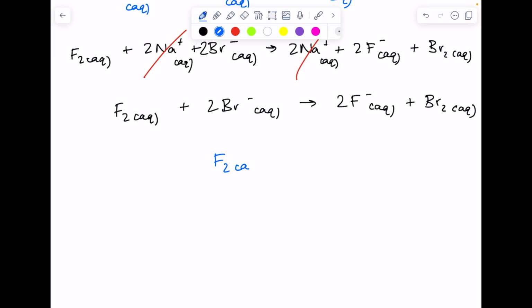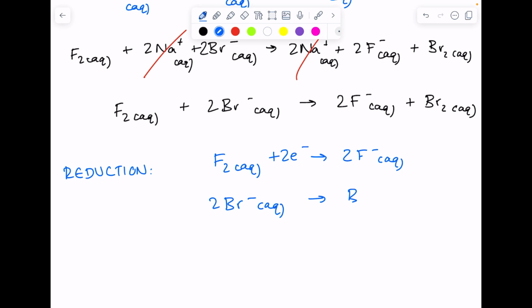So for F2 to become 2F minus, it must have gained 2 electrons. So it must have been reduced. For 2Br minus to become Br2, it must have lost 2 electrons. So that has therefore been oxidized.